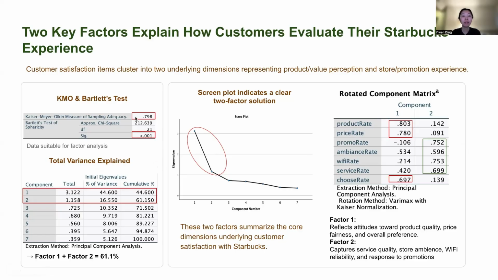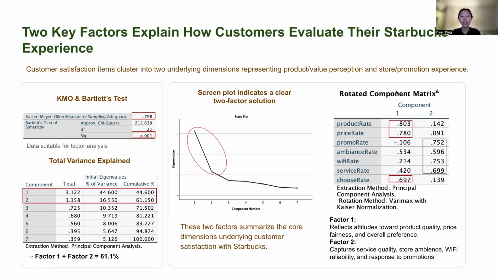First, the KMO value of 0.798 and the highly significant test confirmed that our data is appropriate for factor analysis. Using total variance explained and the scree plot, we identified a clear two-factor solution that explains a total of 61.1% of the variance in satisfaction responses.